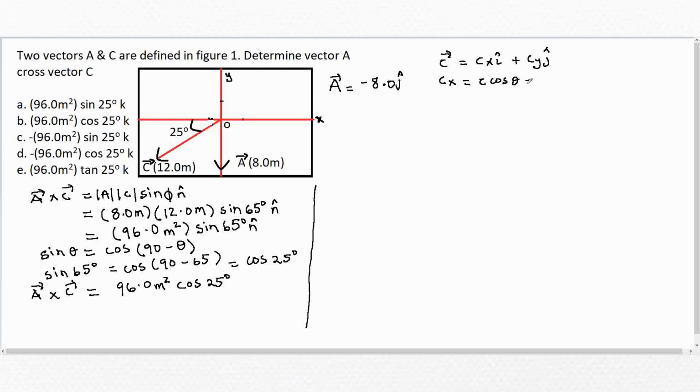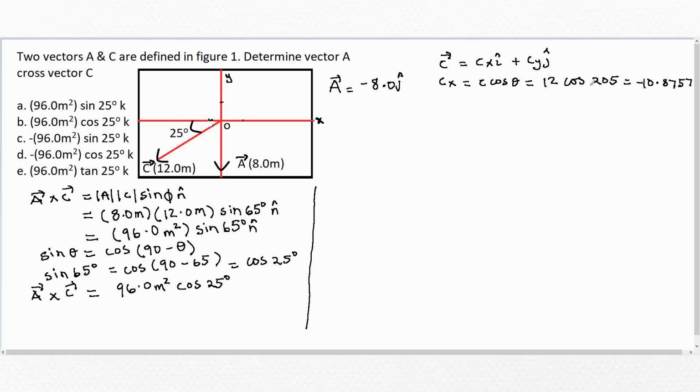So the x component of C should be equal to 12 cosine of 205, and this will give us negative 10.875.